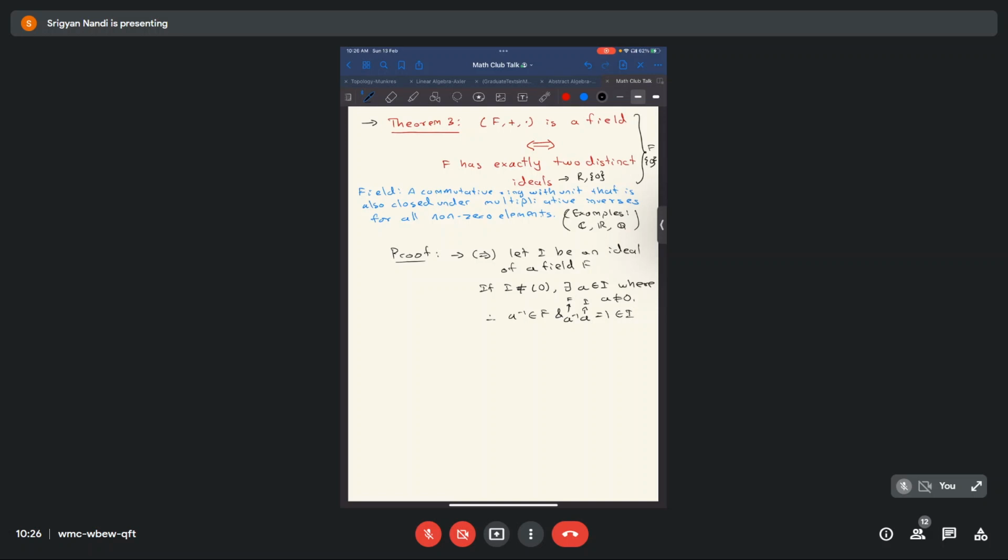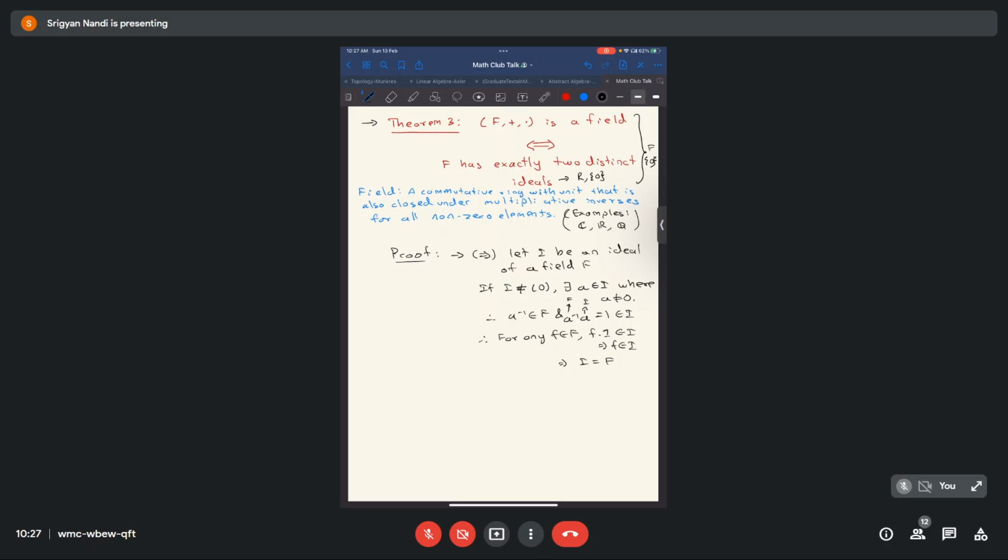So we have that 1 belongs to I. Therefore, we can again apply the second property: for any f belonging to F, f times 1 will belong to I, which implies f belongs to I, which implies the ideal is equal to F.